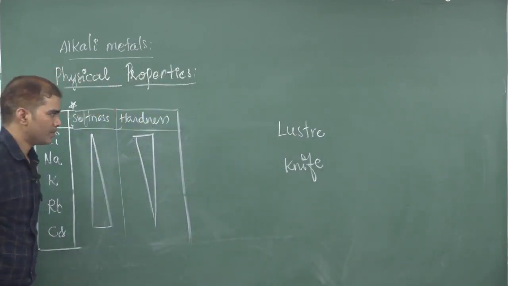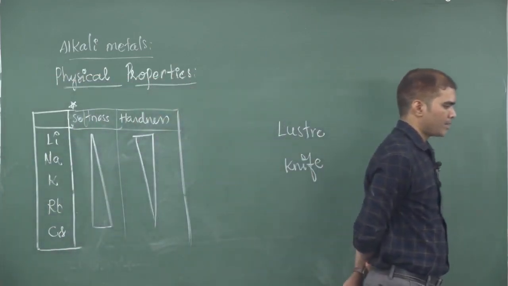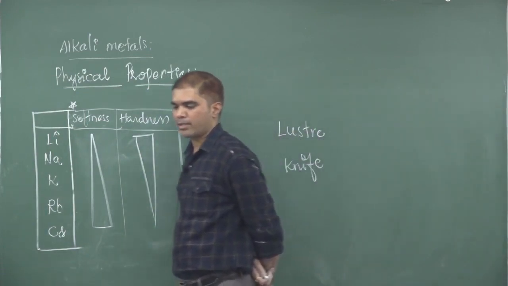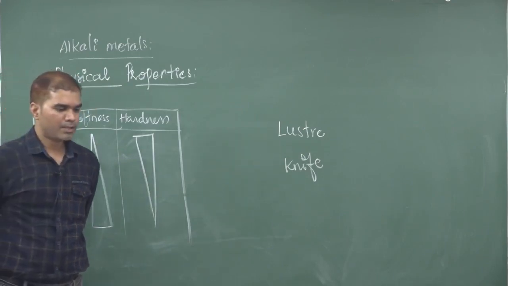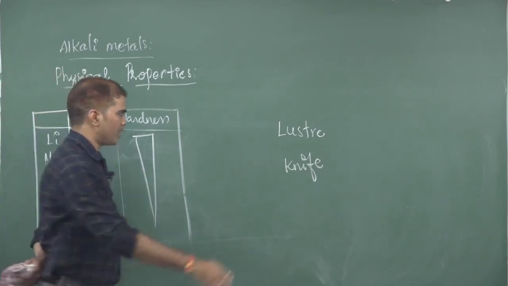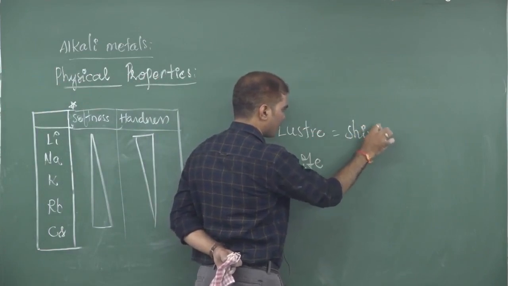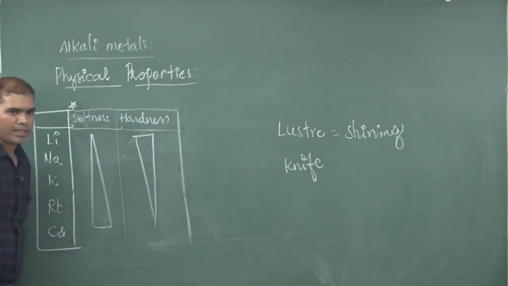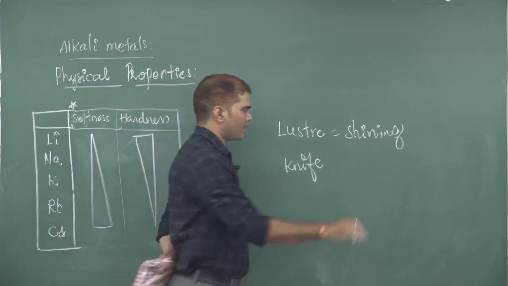Continue. Also, when freshly cut, these metals show luster. Luster means shining. They will be shining. But after some time when you see, will they shine? No, they get tarnished.